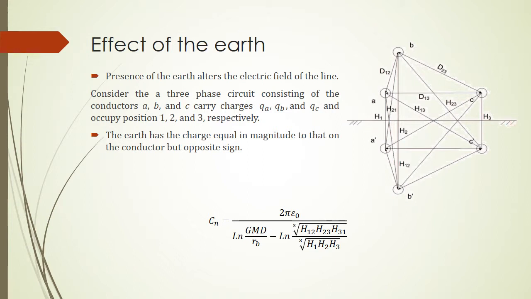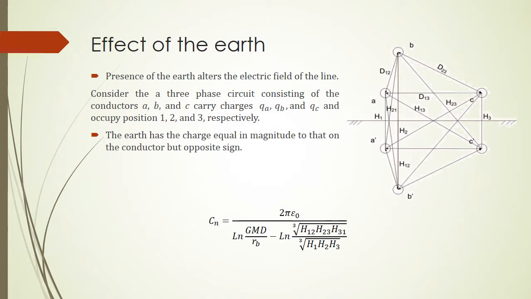So we have new distances from phase A to the mirror of itself, H1, phase B to the mirror of itself, H2, and phase C to the mirror of itself, H3. Other than that, we have the distance between phase A and phase B prime, which is also equal to A prime B. So we call them H12.